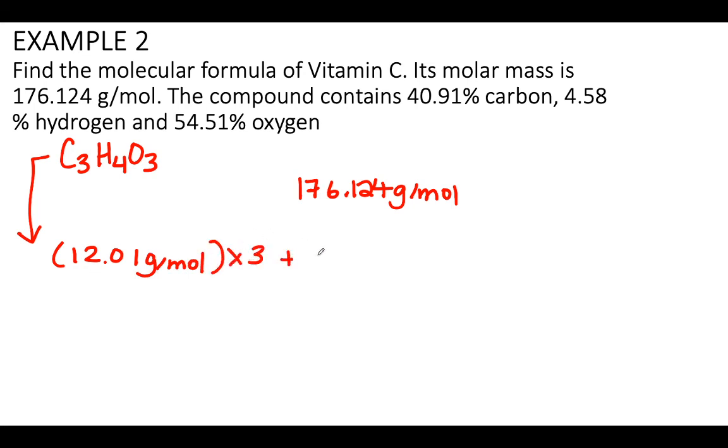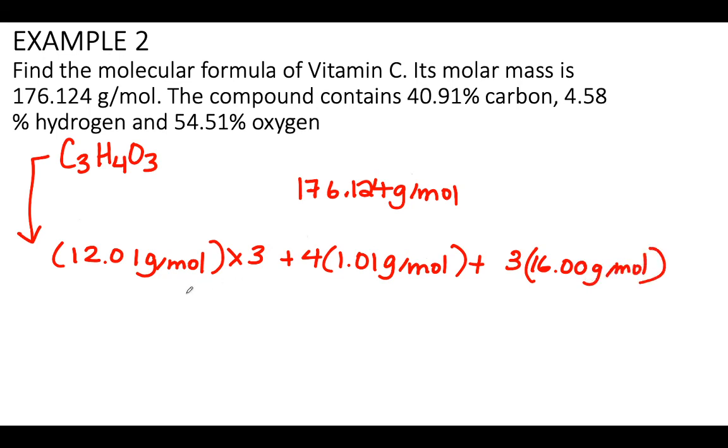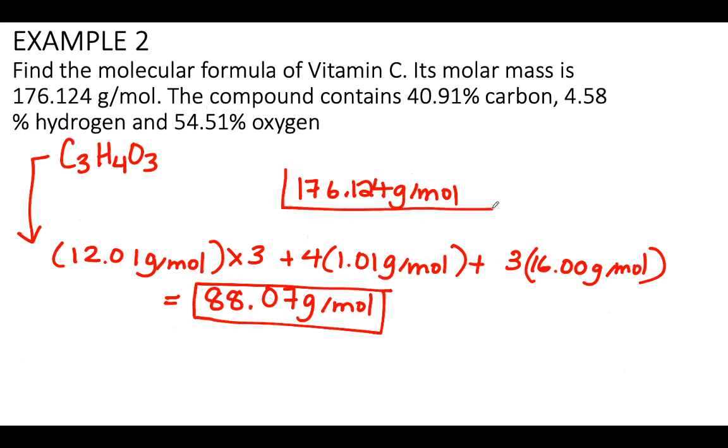So I know that there's 3 carbons, 4 hydrogens, as well as 3 oxygens. If I solve for this, I'm going to get the value 88.07 grams per mole.